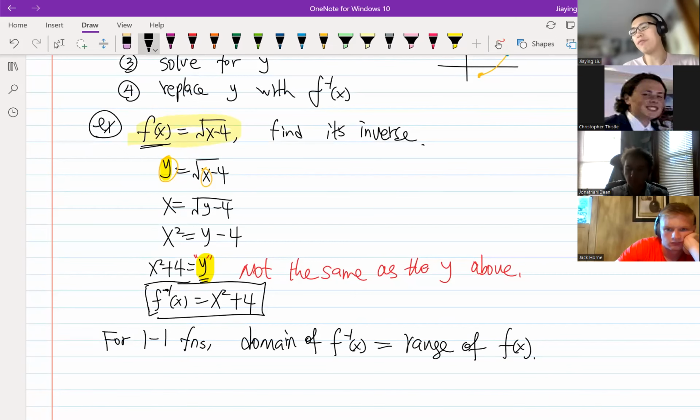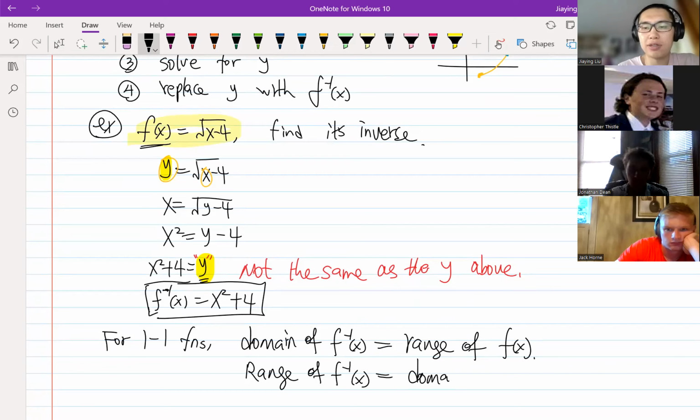So if we begin with f of x, then the range of f of x is actually the domain of the inverse. And similarly, the range of the inverse function is equal to the domain of f of x.